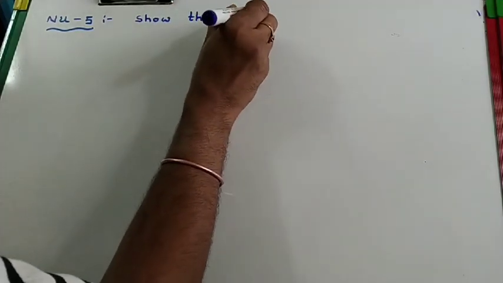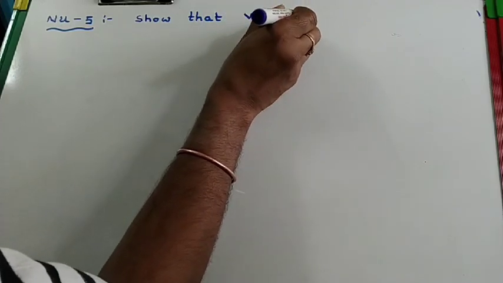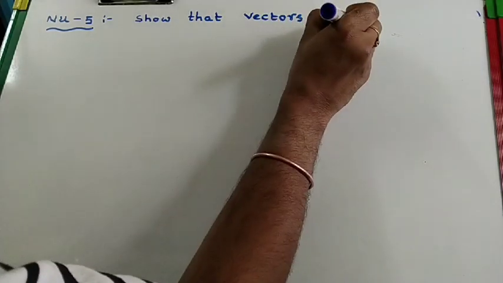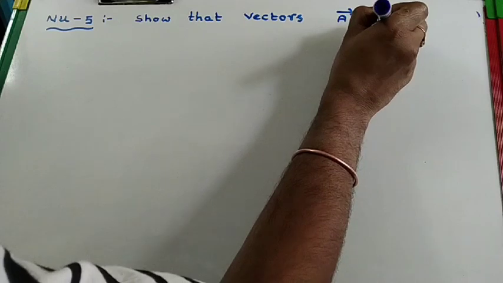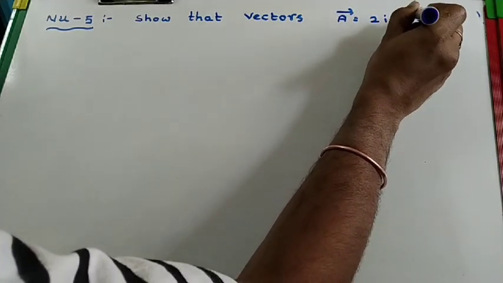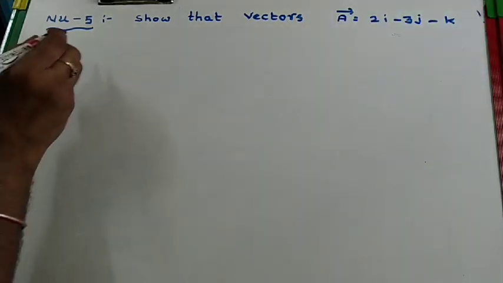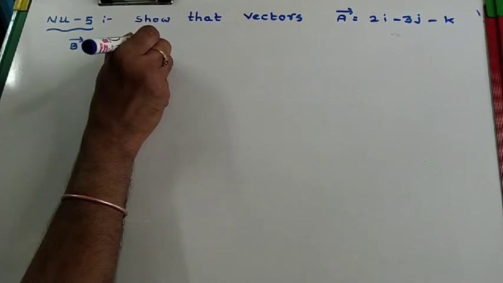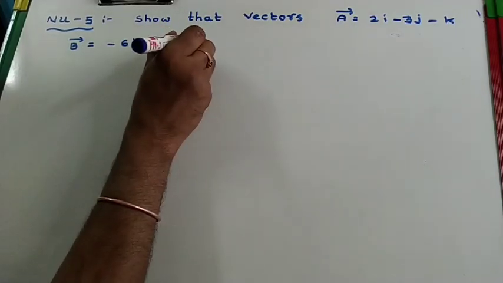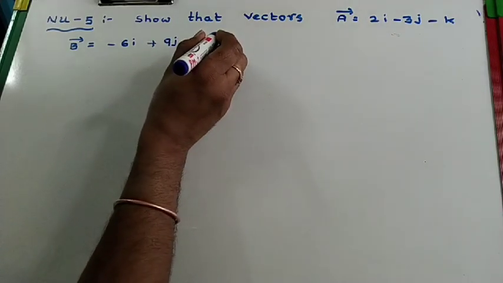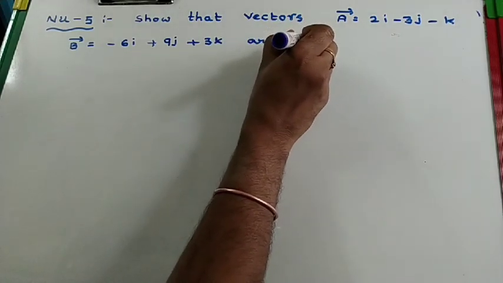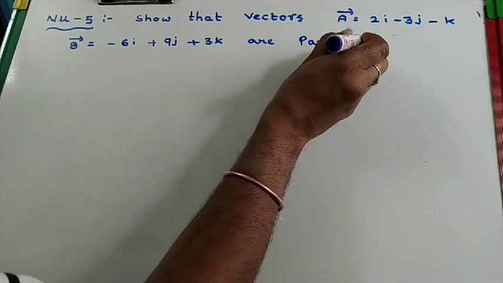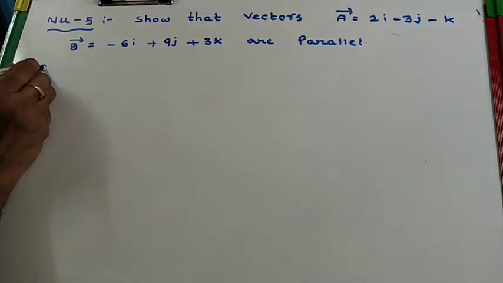Show that vectors A vector is equal to 2i minus 3j minus k and B vector is equal to minus 6i plus 9j plus 3k are parallel. This is the question. Now, solution.